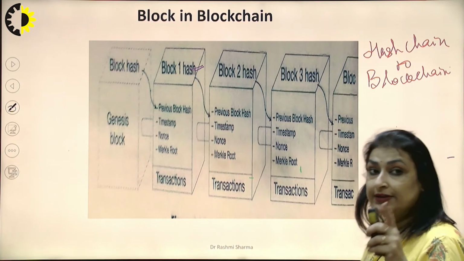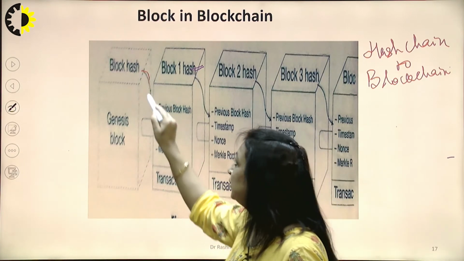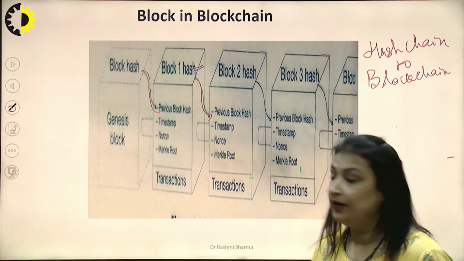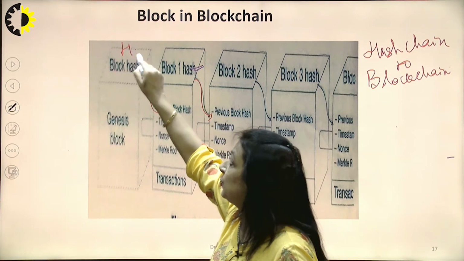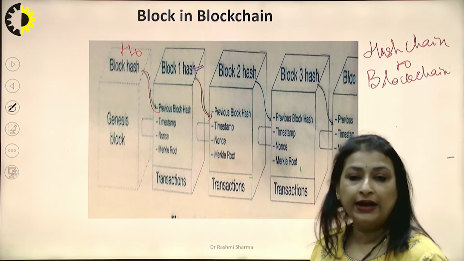How are we doing it? See, practically, we are using this hash value only for chaining. The previous hash value, the S0 hash value, is going to the next, and that is only acting as a handle or a handshaking part.